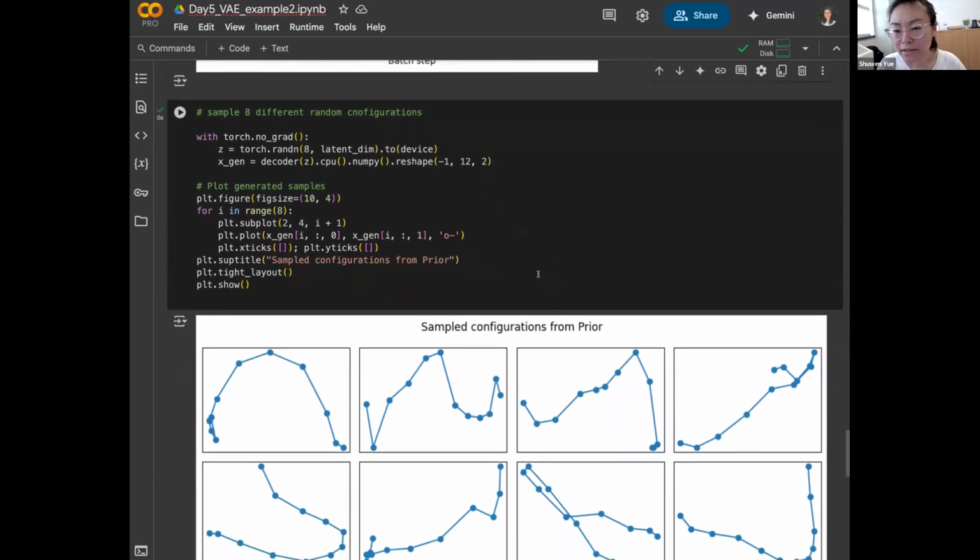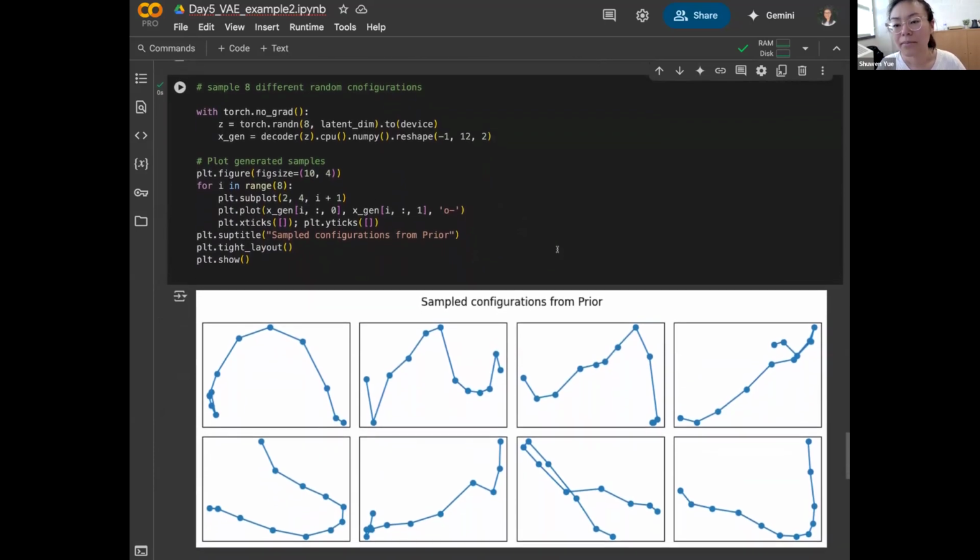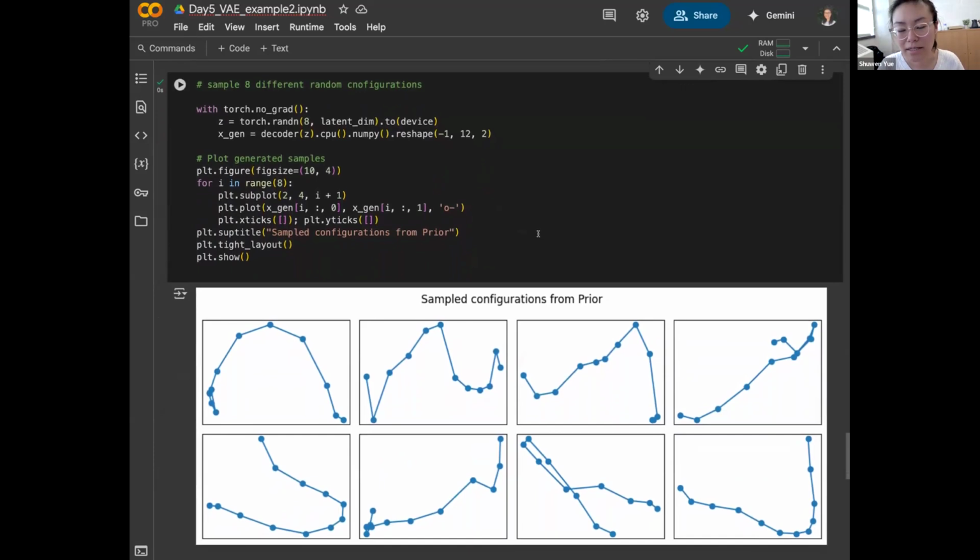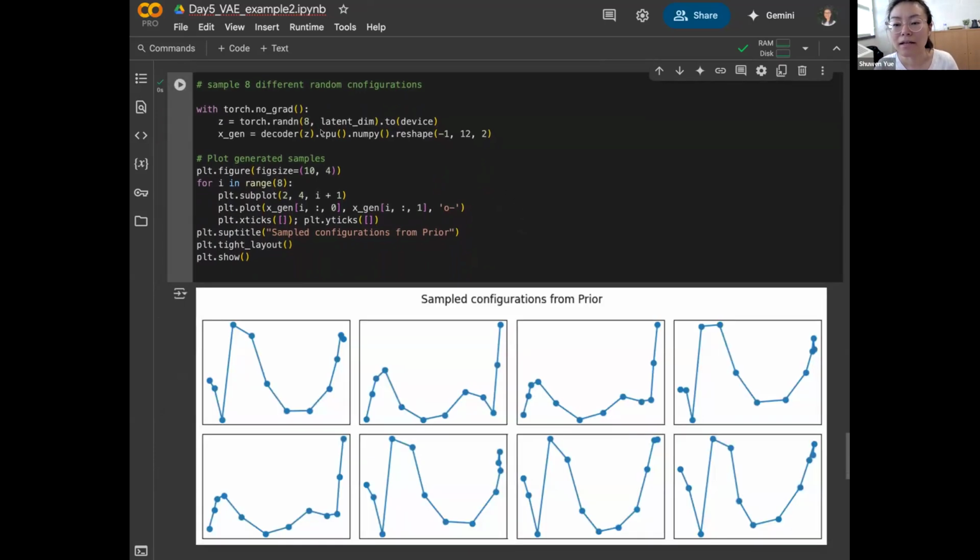Okay, so for a quick check, maybe we can just generate a set of random configurations. This is just randomly sampling, like we did in the first example. We sample some number of points from the latent space, decode them, and plot what they look like.